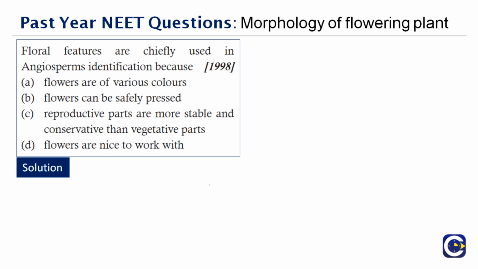When it comes to reproductive parts, we talk about floral features. Of course. So they are the most stable and conservative compared to vegetative parts, which exhibit changes due to environmental factors quite readily. So floral features are more reliable. Say during an unfavorable condition, not just a plant, it resembles humans as well.